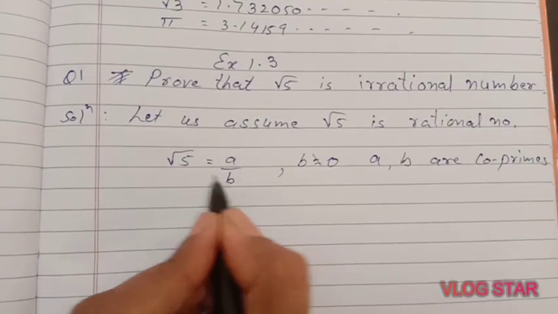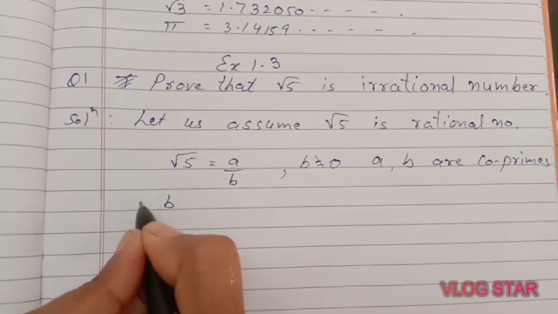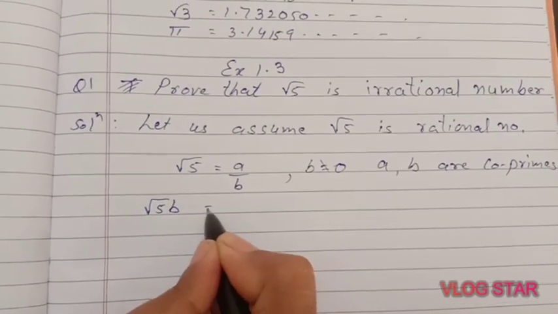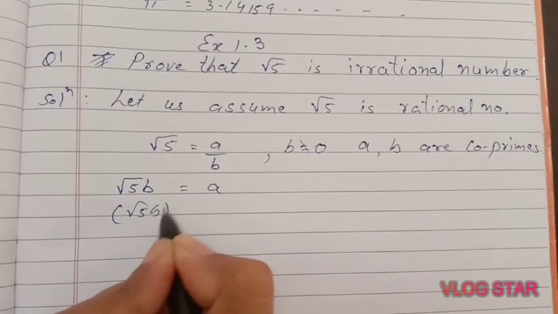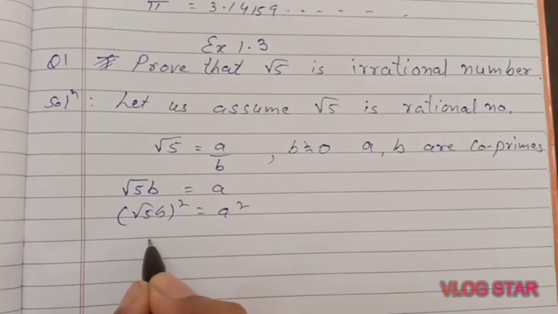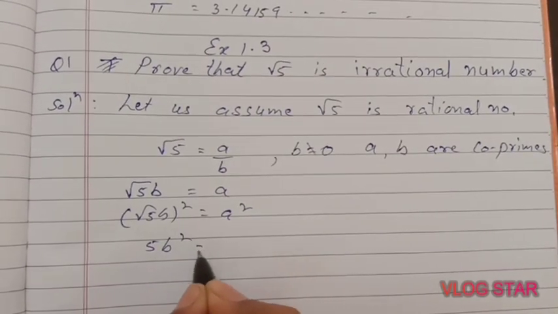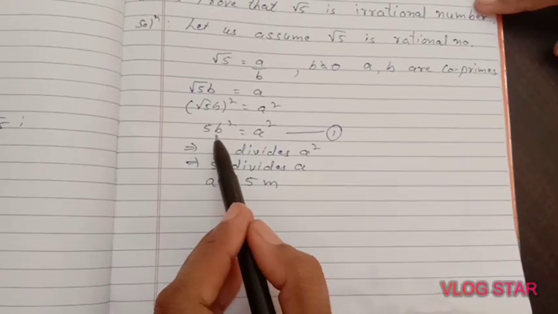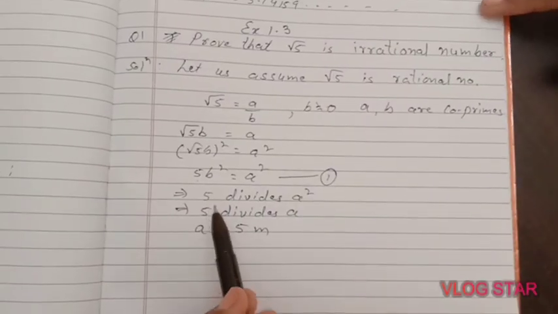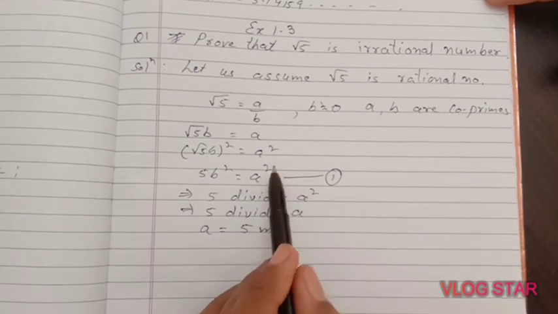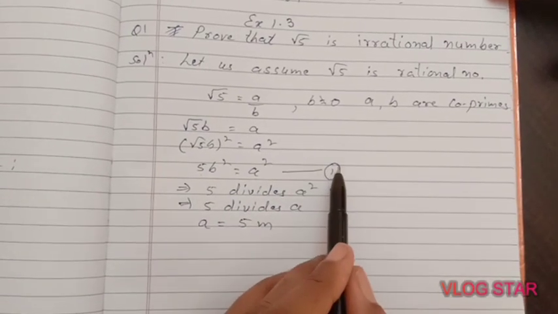Now here if I take this b to this side, I will get root 5 b is equal to a. If I do squaring on both the sides, I will get 5b square equals to a square. This is our equation 1.